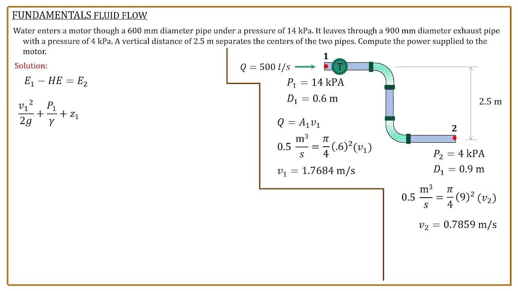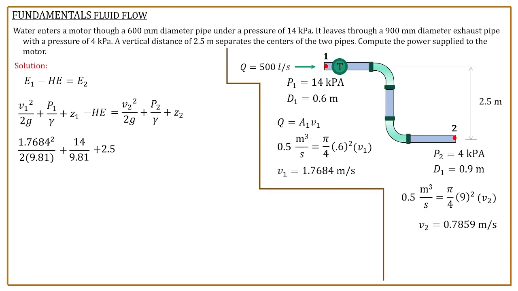They are for our velocity head 1 plus pressure head 1 plus elevation head 1 minus head extracted equals velocity head 2 plus pressure head 2 plus elevation head 2. Our velocity head 1 is 1.7684 squared divided by 2 times 9.81 plus 14 divided by 9.81 plus Z1.